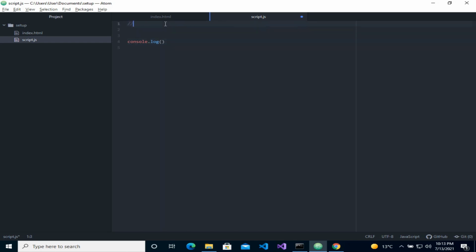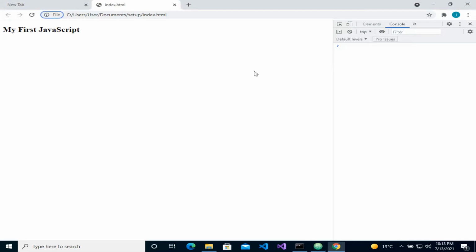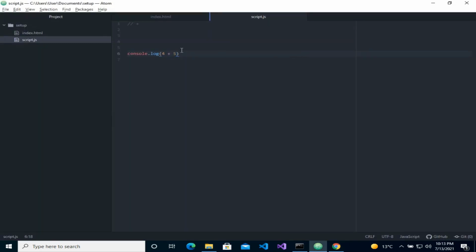We have the addition sign, which we can use to add two numbers together. We can also use it to add two variables that contain numbers together.